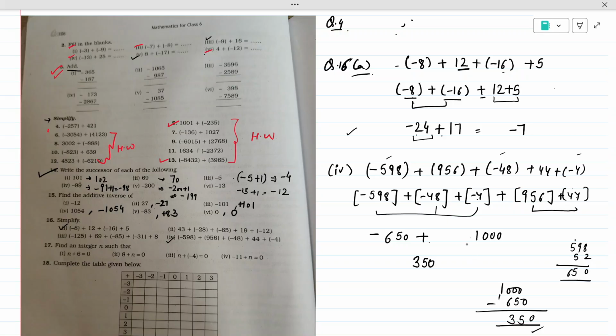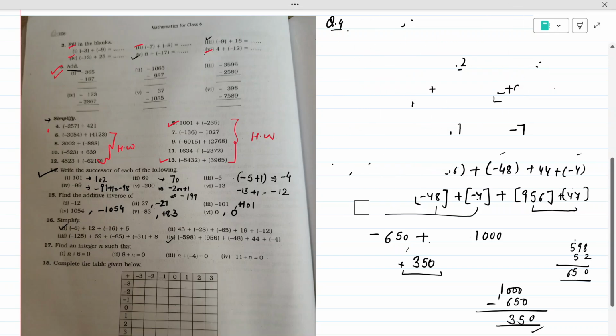This is the answer and this is positive. This is the positive number we are getting here. This is how we have to do these questions. The rest of the questions, kids, you can pick them. Okay. Now we have question number 17.